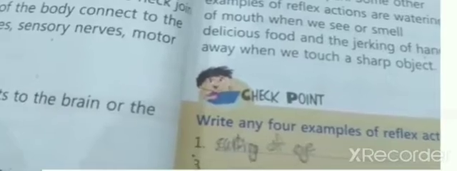When we touch a hot or pointed thing, automatically we lift our leg or hand from that place. Examples of reflex reactions are watering of the mouth when we see or smell delicious food, and the jerking of the hand away when we touch a sharp object.